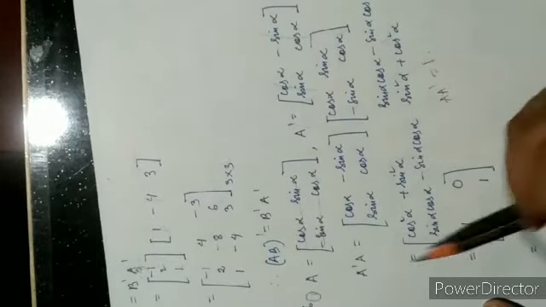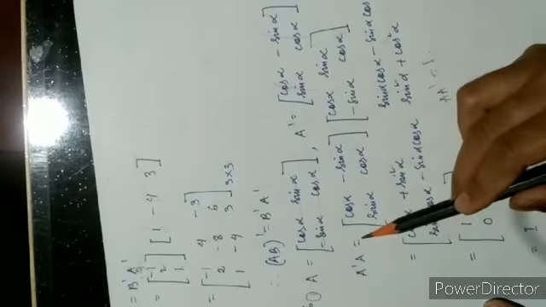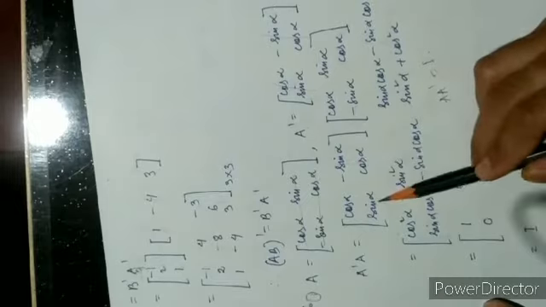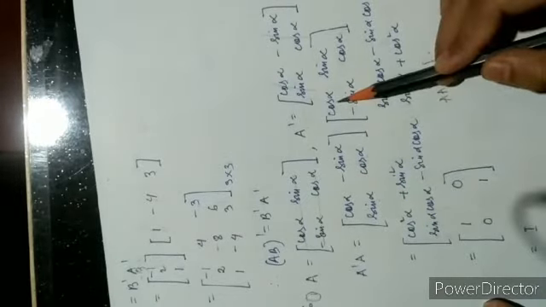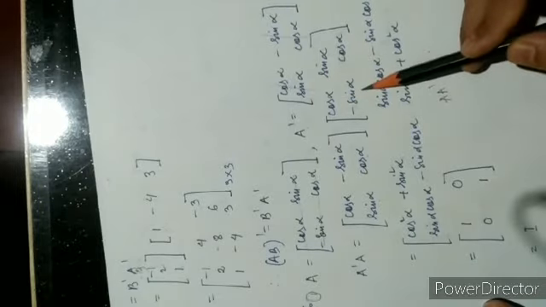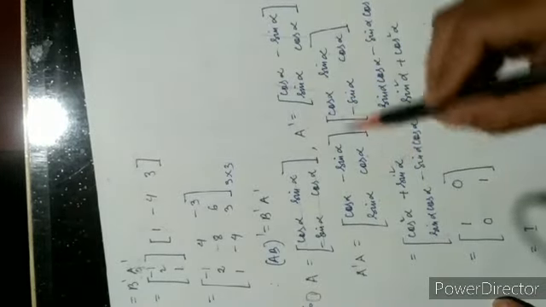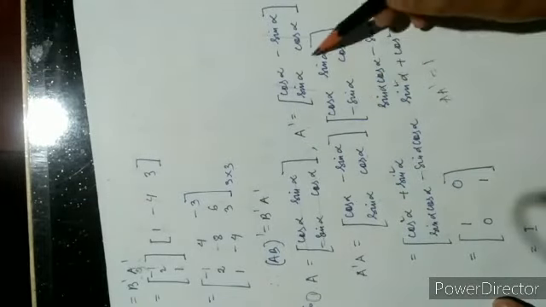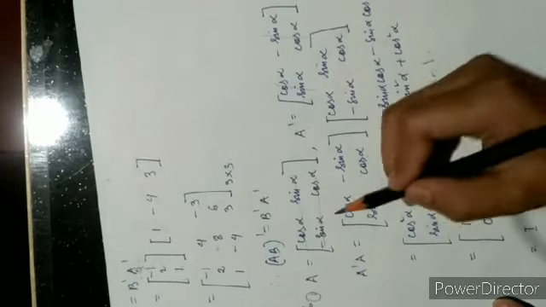Start with the left hand side value: A dash A. Write A dash as the matrix cos alpha, minus sin alpha, sin alpha, cos alpha. Multiply by matrix A whose elements are cos alpha, sin alpha, minus sin alpha, and cos alpha. By the product rule, the first row and second row are multiplied by the corresponding elements of the first column and second column of the second matrix.